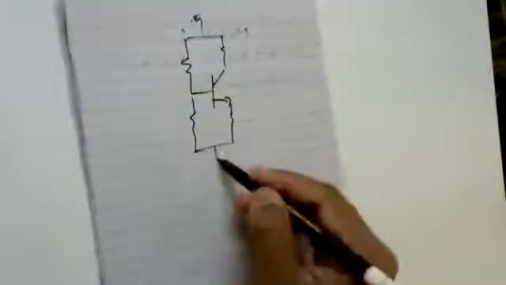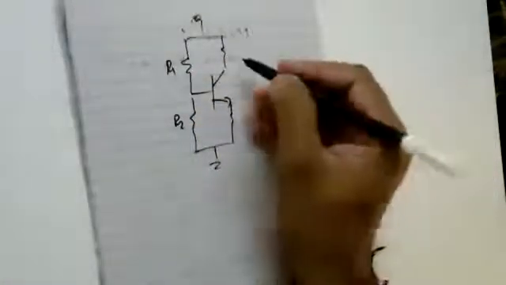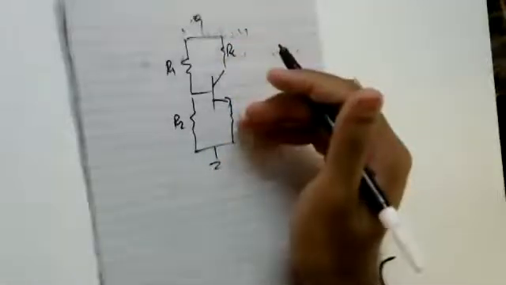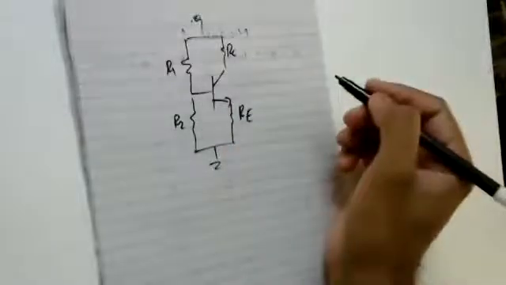Using the fundamentals that you have studied during your basic electronics, this circuit is not new to you. However, we are going to work on it in detail. So this is R1, R2, RC, and RE.